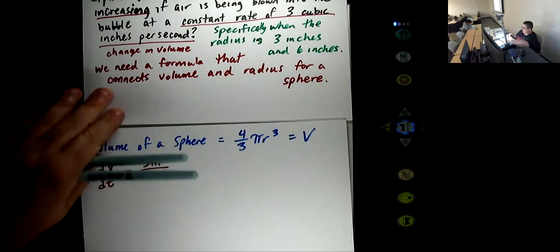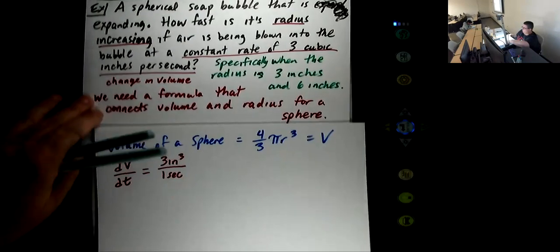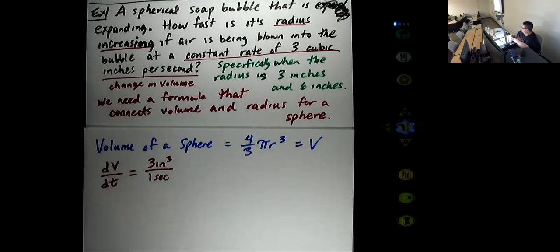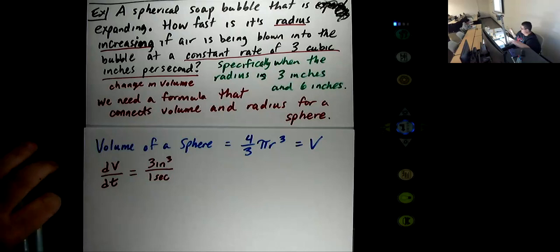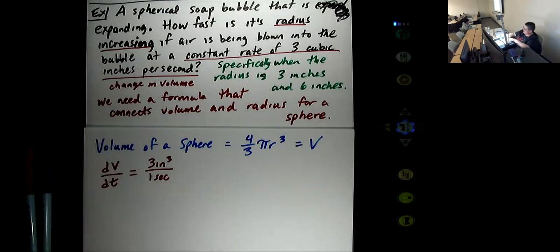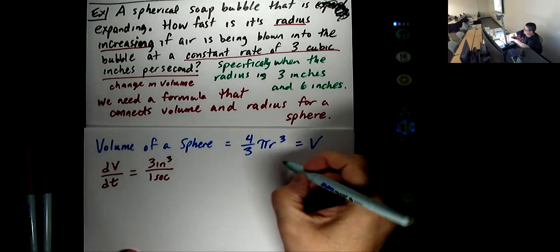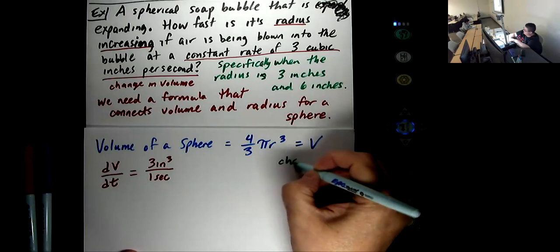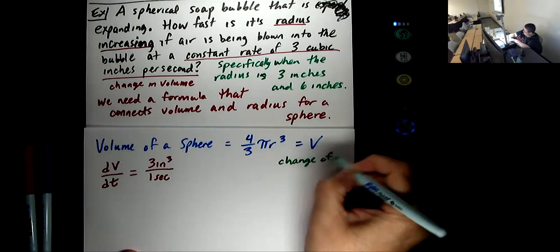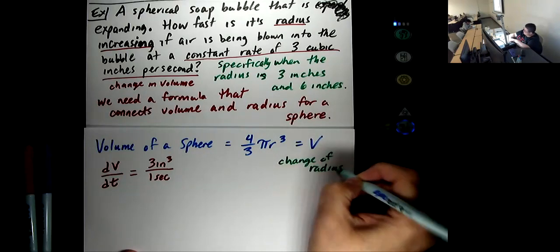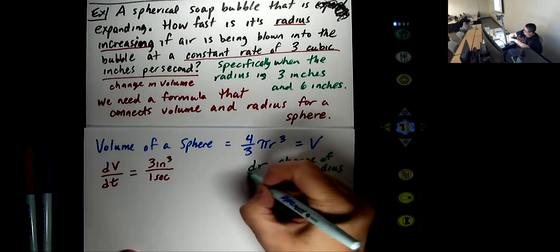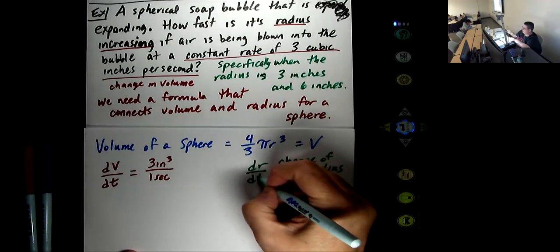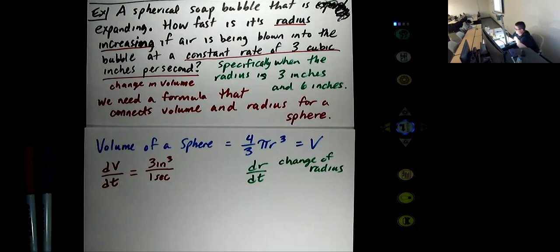That's what we're being asked right here. What am I looking for in terms of this equation? It's related to time. It's the change of radius with respect to time. So if we use r for radius, we're looking for dr/dt.